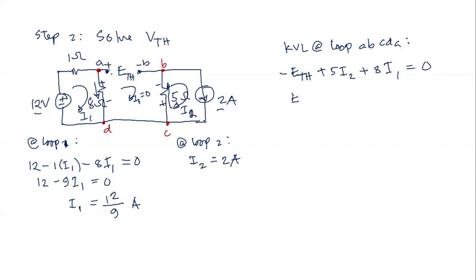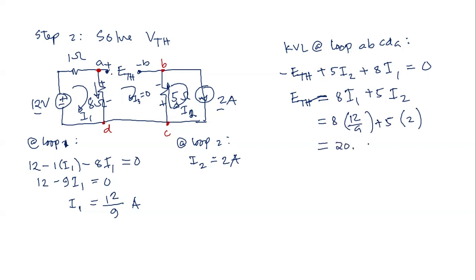So solving for ETH, when we transpose it to the right side, then ETH is equal to 8 I1 plus 5 I2. Okay, if we substitute the values, I1 is 12 over 9 and I2 is 2 amperes. Then the value of ETH, if we solve it, is equal to 20.667 volts.